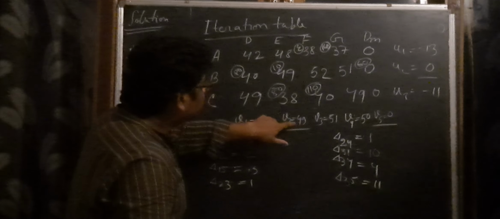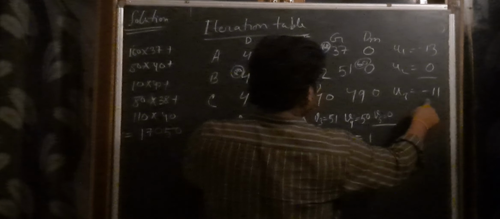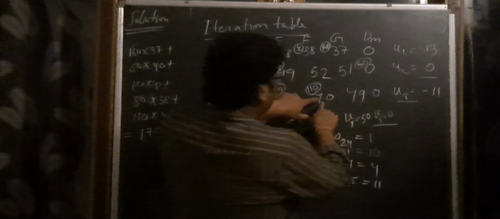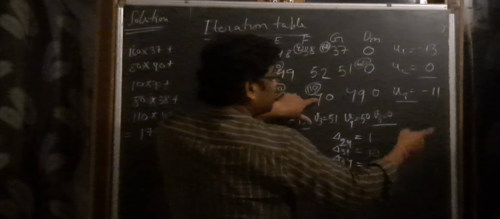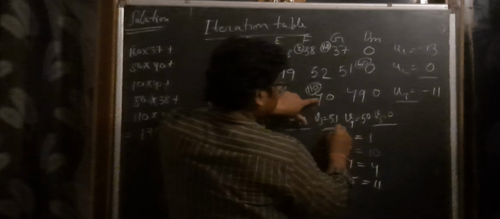So 38 minus 49 is equal to minus 11. So it is minus 11. So I have found it. As we have the value of U3, 40 minus minus 11 gives 51. So V3 is 51.